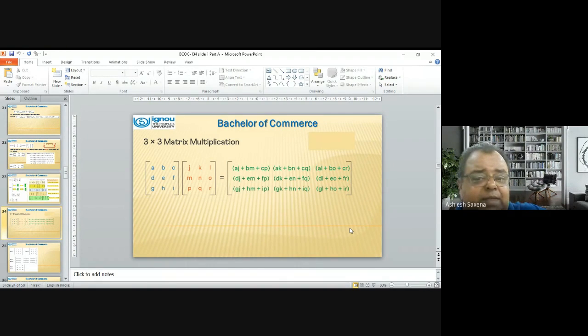A multiplied by J plus B into M plus C into P. I will be showing the first row.